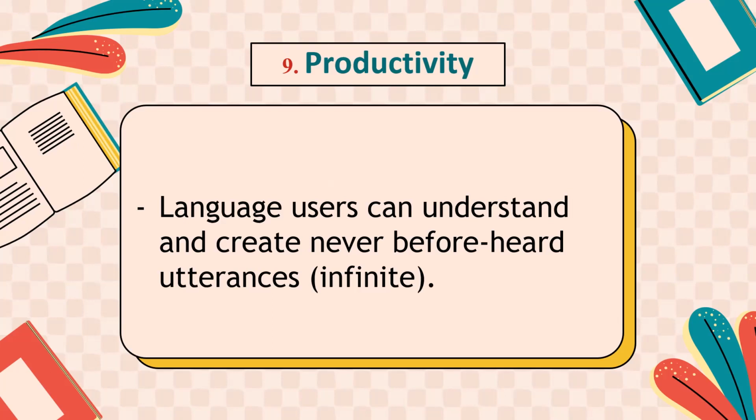We have this great ability to understand new sentences and create never-before-heard utterances. This is what we mean by infinite: we as humans can create an infinite number of sentences each and every single day.